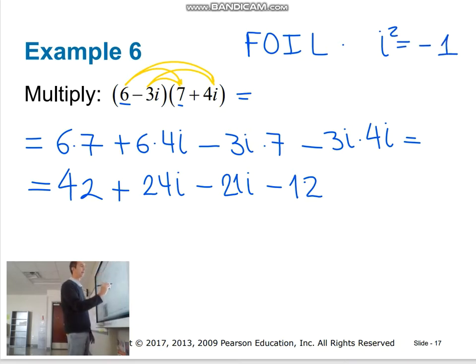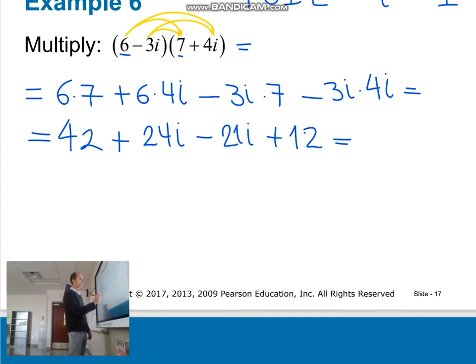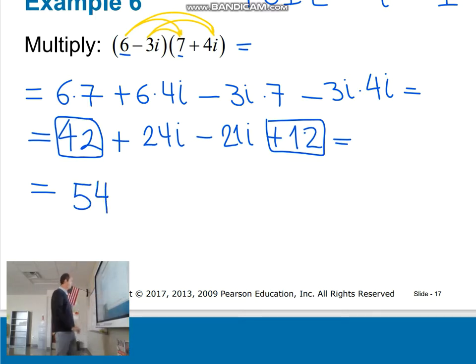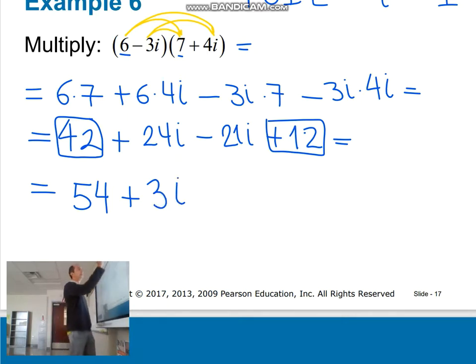So negative with negative, positive. Cool? Combine like terms. The real numbers are 42 and 12, so we can combine and find 54. And for the imaginary numbers, 24i minus 21i is positive 3i. This is the final answer, 54 plus 3i.